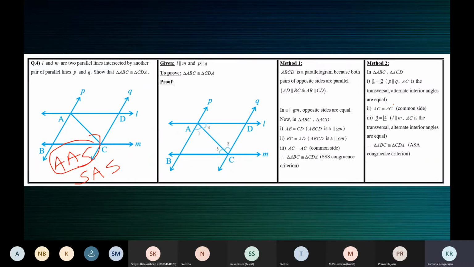It's not incorrect. You should maintain that discipline in writing. Ma'am, for AAS, the equal sides are incorrect, ma'am. Yeah, that's what I said. Otherwise, good, Shreyas and Kanishka.